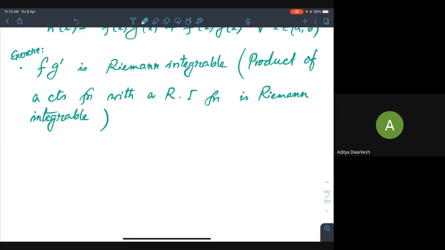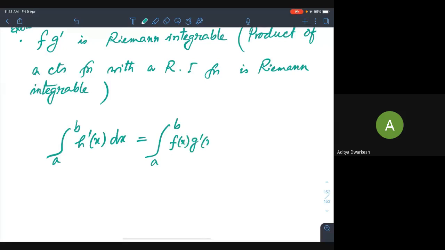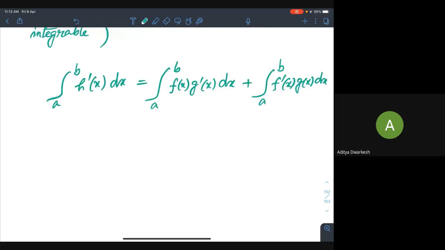So we show this one. Once this is Riemann integrable, we integrate from a to b h'(x) dx, which is nothing but the integral from a to b of f(x) g'(x) dx plus the integral from a to b of f'(x) g(x) dx. But what is this by the fundamental theorem of calculus?